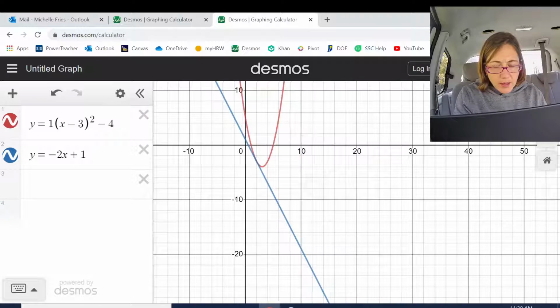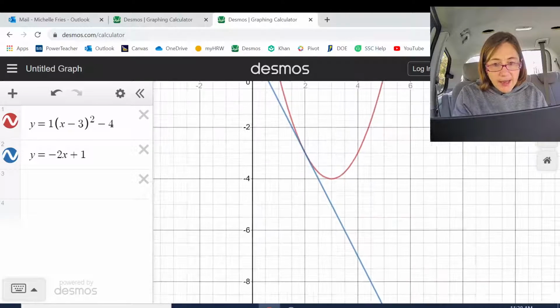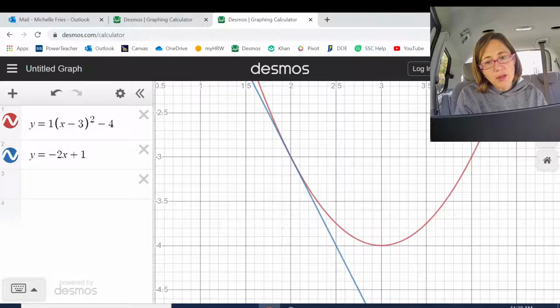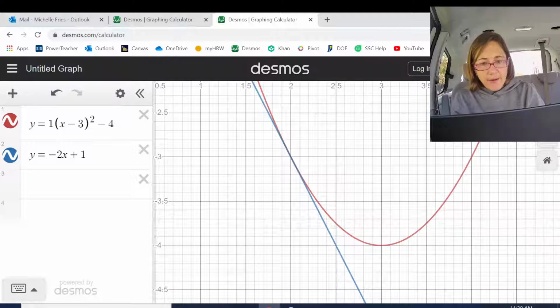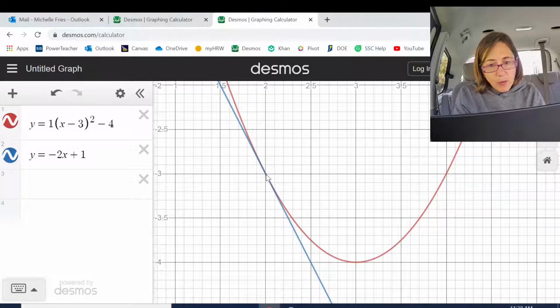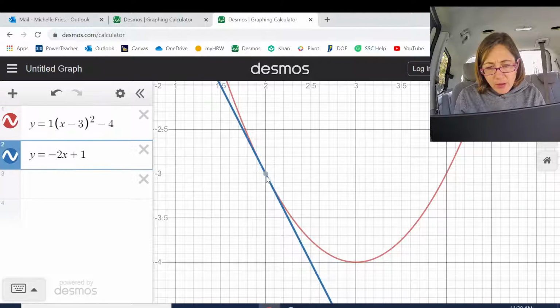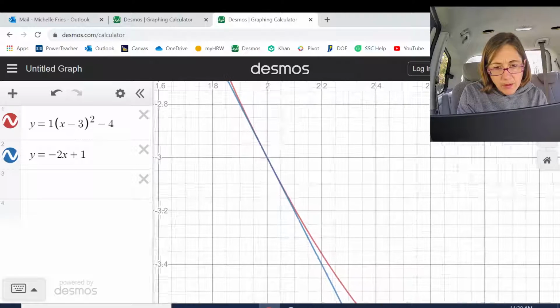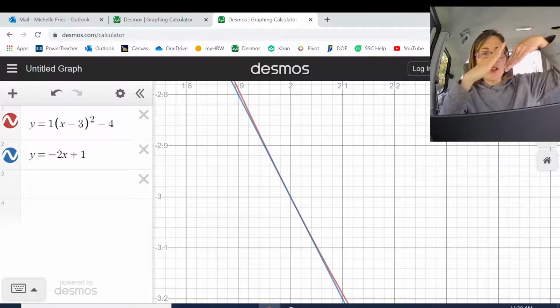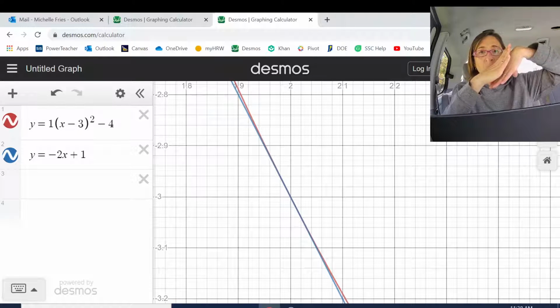Okay, yes, what I want to see here. I'm trying to zoom in so you can get a good view. Do you see how we just have a single point where these are overlapping? I know you might be thinking, I see them overlapping for a bit here, but there's actually only one point. If I keep zooming in, they're very, very close at the other points, but there's just one point.